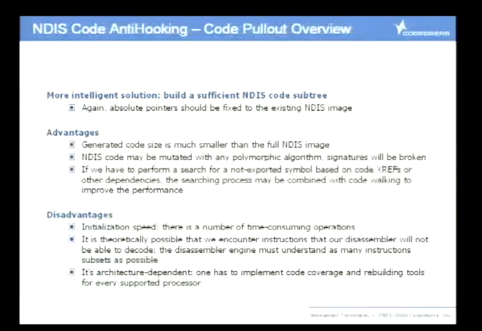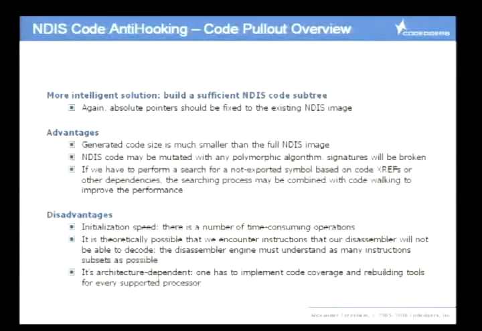And now the code pullout engine. It's the more intelligent solution. The idea is to build a sufficient code sub-tree. We should fix all absolute pointers to the existing disk image as it was done in the previous solutions.